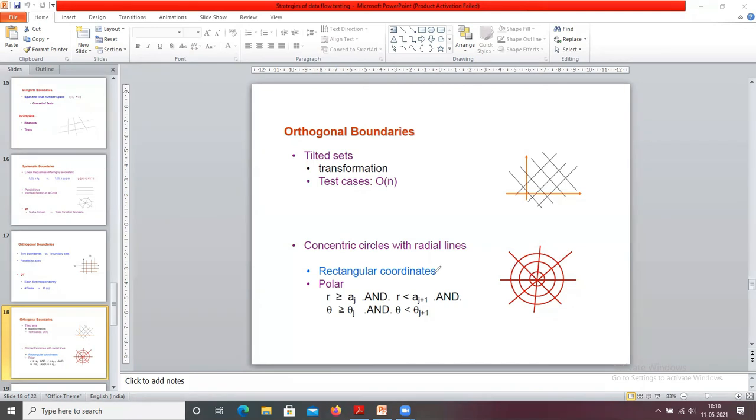In rectangular coordinates, the polars are r greater than or equal to aj and r less than or equal to aj plus 1, and theta greater than or equal to theta j and theta less than theta j plus 1. So this is about orthogonal boundaries, which involve different types of values: the first is perpendicular, another is tilde sets, and another is concentric circles with radial lines.